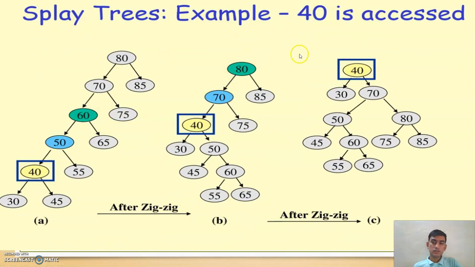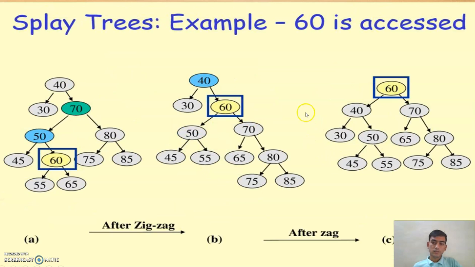Splay tree example. Let us see one example. Suppose we want to access 40 using search. We performed the zig operation and 40 splayed to the top.